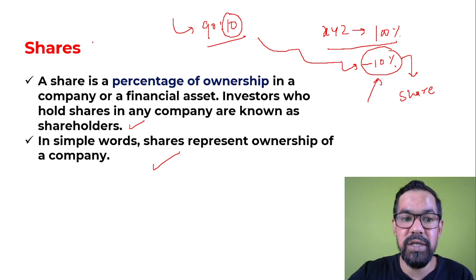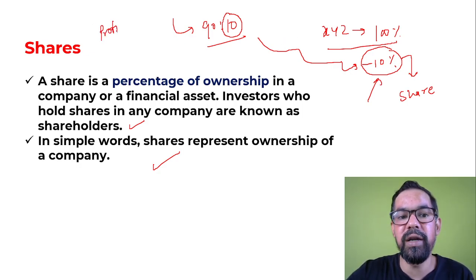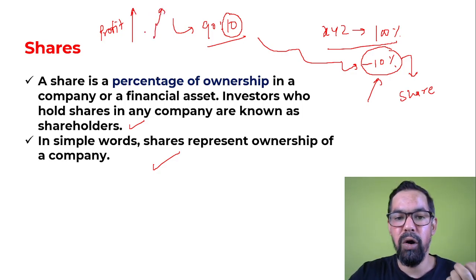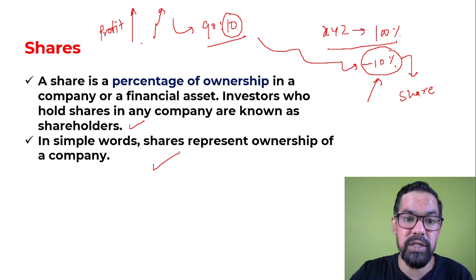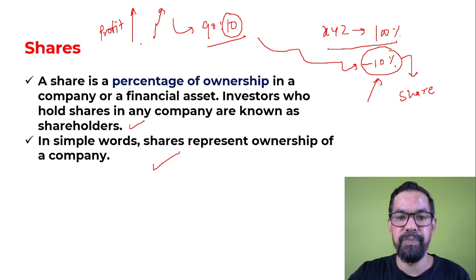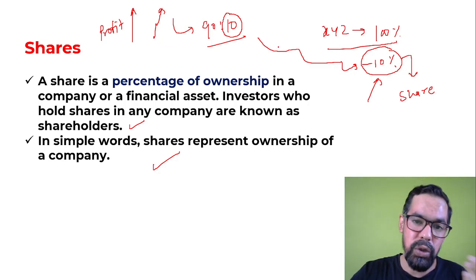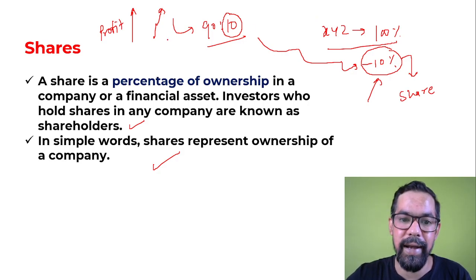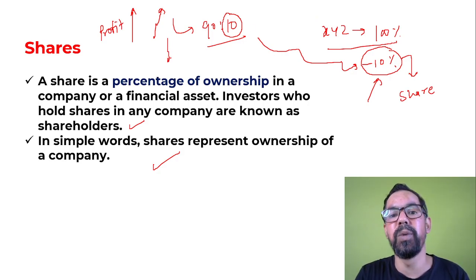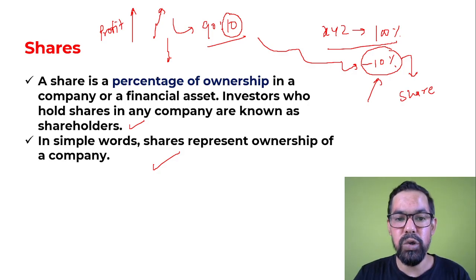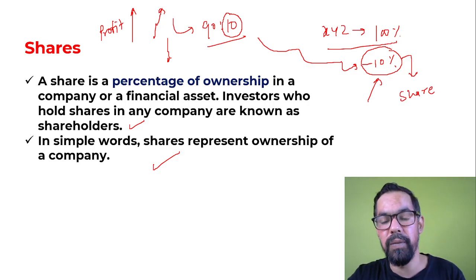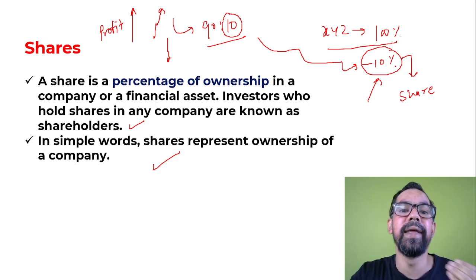If due to their decisions the company earns a profit, your share price will also go up, or in the case of preference shares, you will get more dividends, along with these market activities. And if due to their decisions the company faces a financial loss, your share price will go down, and you have to bear that loss in the same proportion. So shares give you ownership in a company.